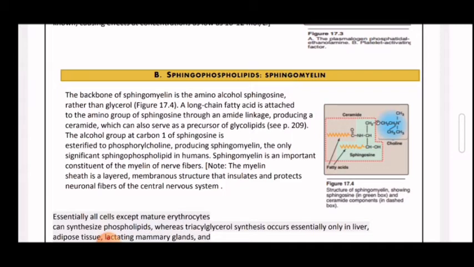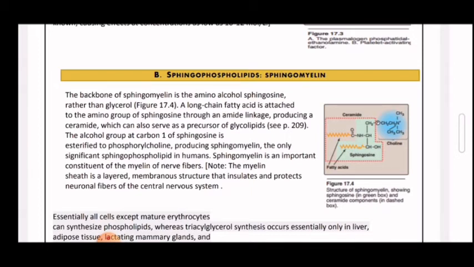A longer chain fatty acid is attached to the amino group of the sphingosine through amide linkage to produce ceramide. This reaction occurs due to the condensation of palmitoyl-CoA with serine, as CoA and the carboxyl group of serine are lost.